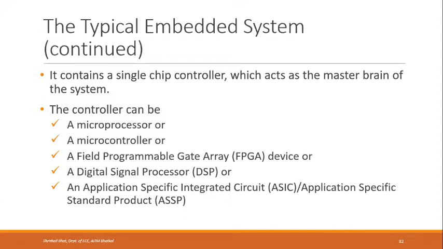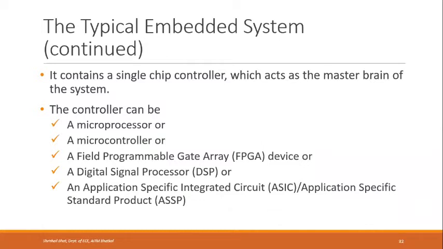A microprocessor has just a processor on a single chip, but other things which are required have to be added externally, like input and output ports, or interrupt controllers, and timers and other things whatever are required, even memory. Whereas if you use a microcontroller, it will have its own input output ports and some memory along with it.